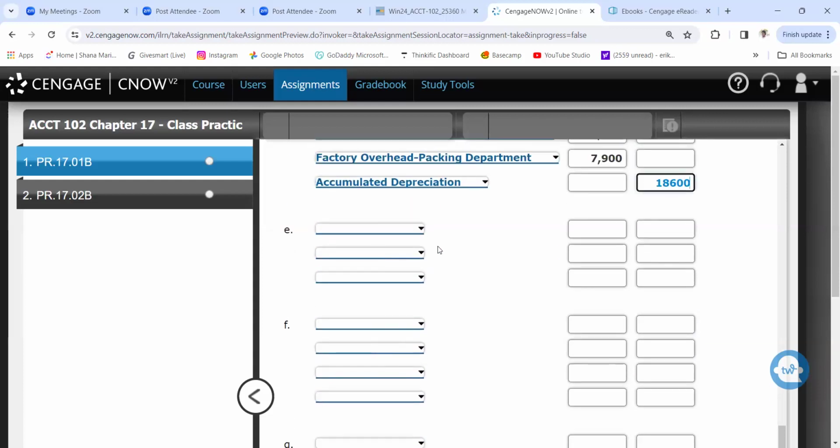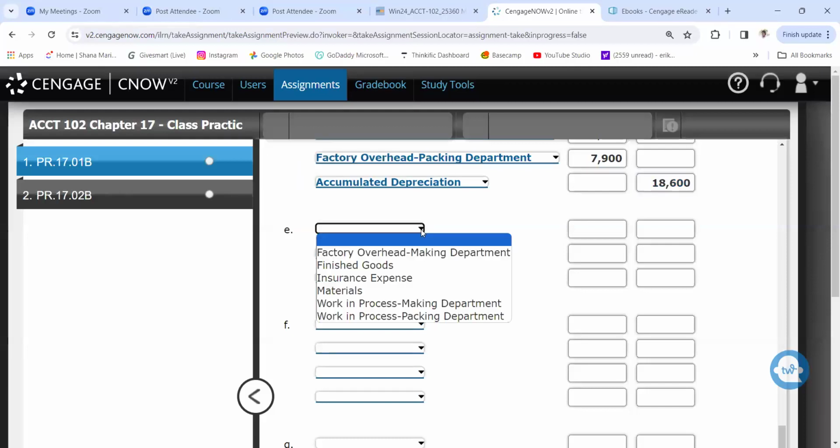Almost there. E, expired prepaid factory insurance. So when insurance expires, it is no longer an asset. So it decreases, but remember, this is for the factory, so it goes in by way of factory overhead.